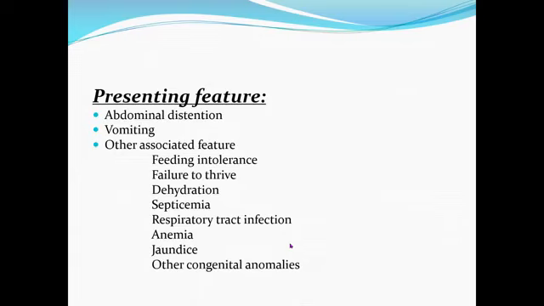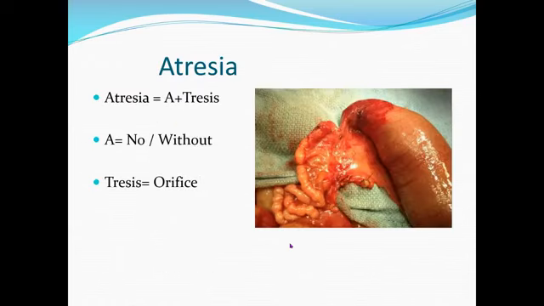If there is one congenital anomaly, you can search for other congenital anomalies, whether present or not, because one congenital anomaly may give rise to other congenital anomalies in different systems.